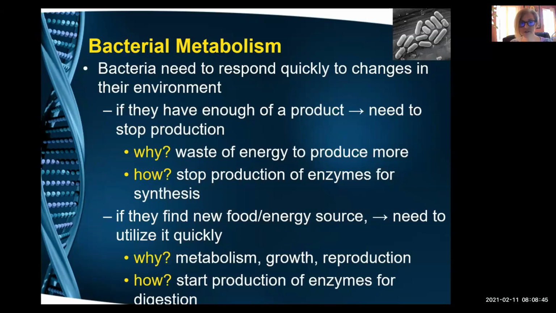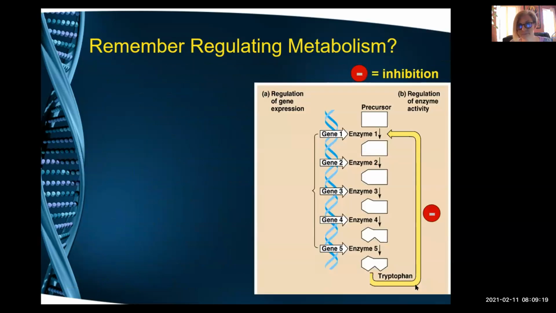If they find a new energy source, they need to utilize it quickly, and so they need to be able to break that down. So they need, of course, nutrition for metabolism, growth, reproduction. So they're going to start production of enzymes for digestion. So we're going to stop when we no longer need something. We're going to start when something becomes available, basically, right? We don't need to build any more of this because we have enough. Oh, something's there that I didn't have before and I need to break it down.